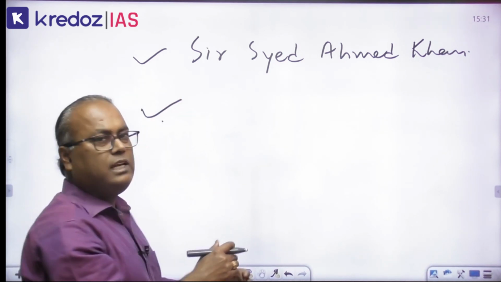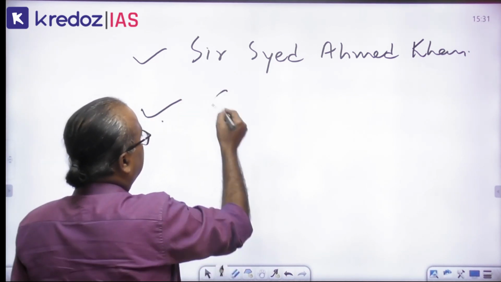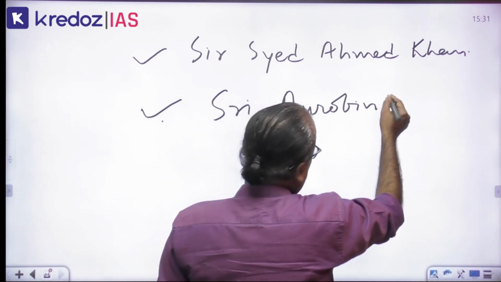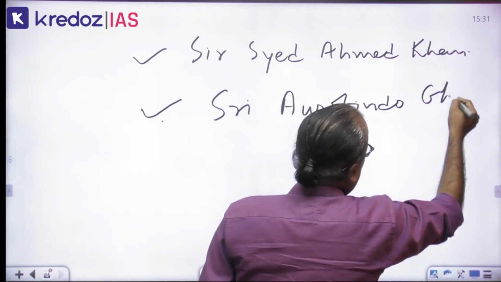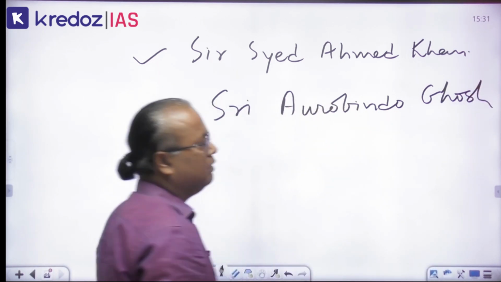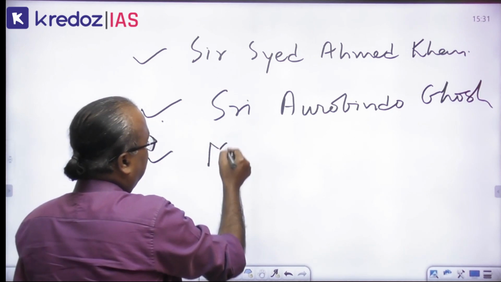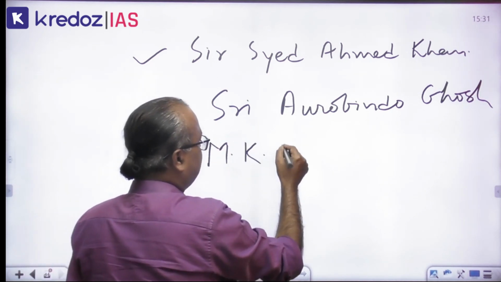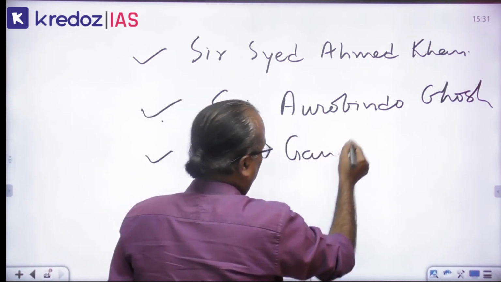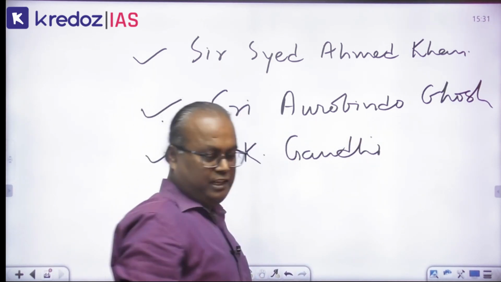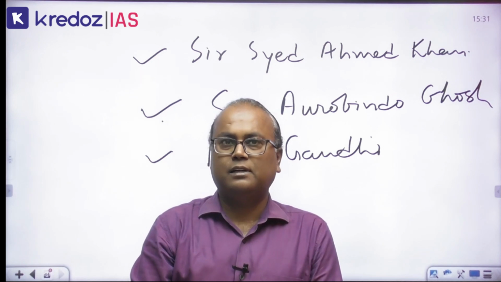Next is Sri Aurobindo Ghosh. Okay, and after that we have Mohandas Karamchand Gandhi. Certainly it is very important and very relevant.